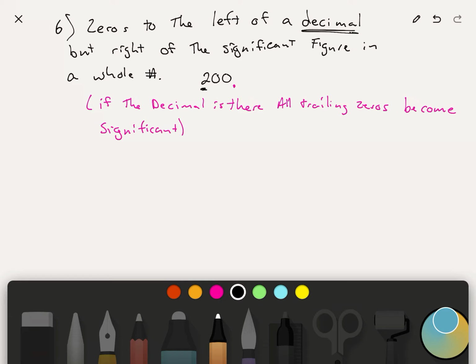Okay, now that we know how to tell what a significant figure is, what we need to do is start working on some math problems. Another rule that I forgot that I just remembered would be exact numbers.